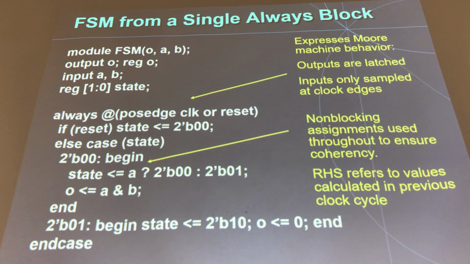But actually, this is not exactly the pure definition of a Moore machine, because for a Moore machine the output can depend on only the current state, but this is not the case here, since it uses A and B. So maybe we should not say that it's a Moore machine. It's still a Mealy machine, but you can run it like a Moore machine, giving you the same result. Here is an example combining the two always blocks.